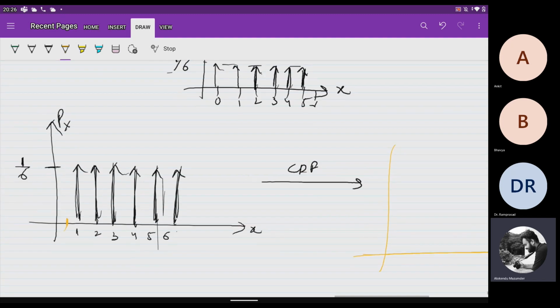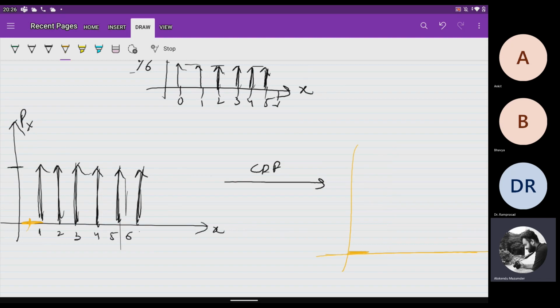If my x is before this point, it will be 0, right? Once I get my x here, what will the area be? It will be 1 by 6, so it will rise to 1 by 6. Now if my x is between 2 to 3, what will be the area? 1 by 6 plus 1 by 6, it will be 2 by 6, right?